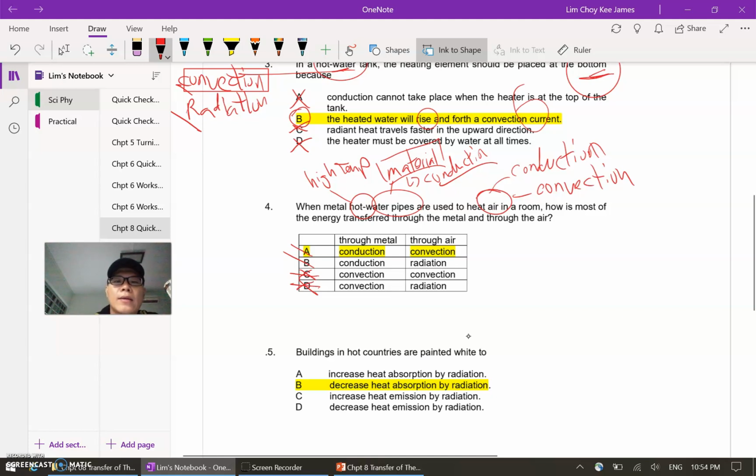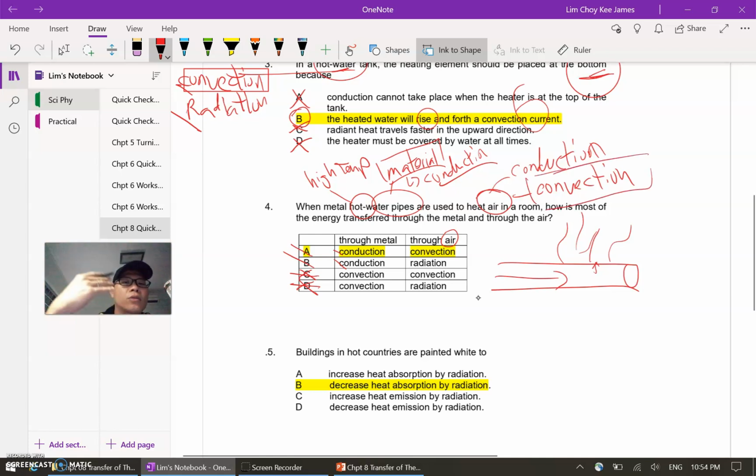And we look at the part pertaining to air, through air. You have a pipe, and you have the water going through. Heat transfer from the water to the pipe, we have settled, is through conduction. How about from the pipe through the air? When we talk about air, the main mode of heat transfer is actually convection, because hot rises, cold sinks.